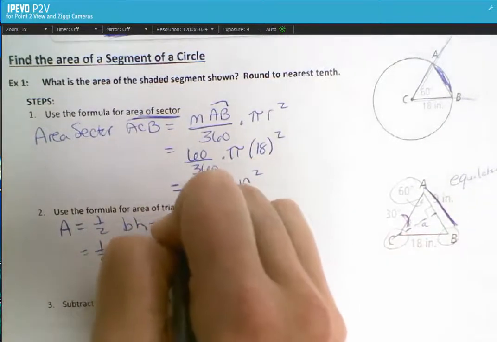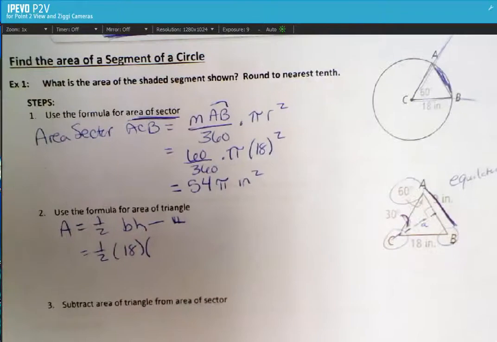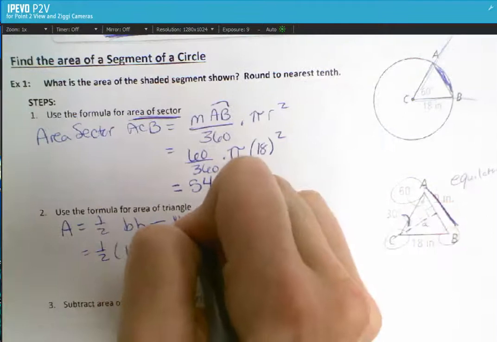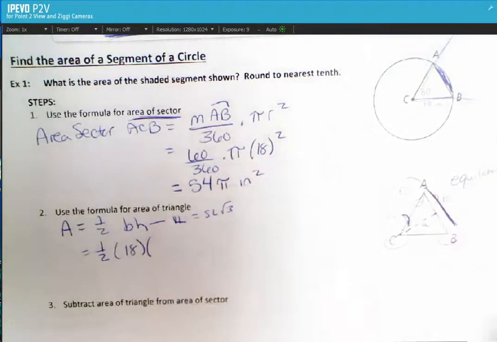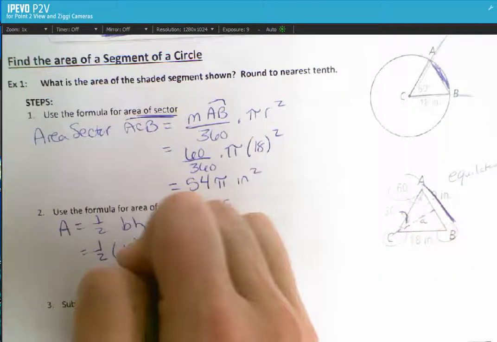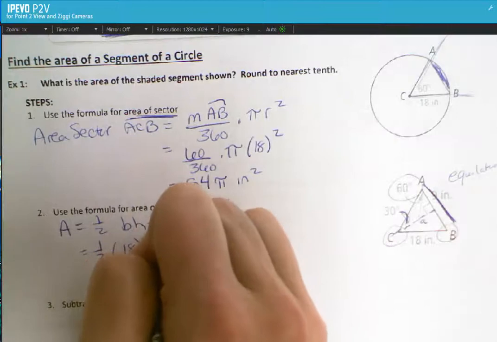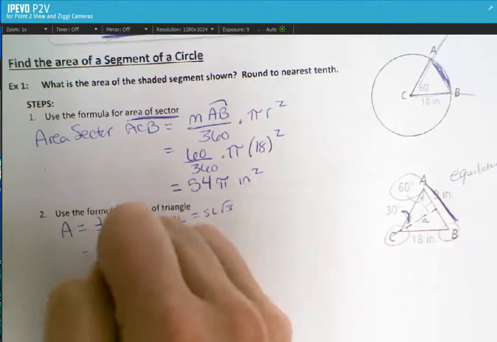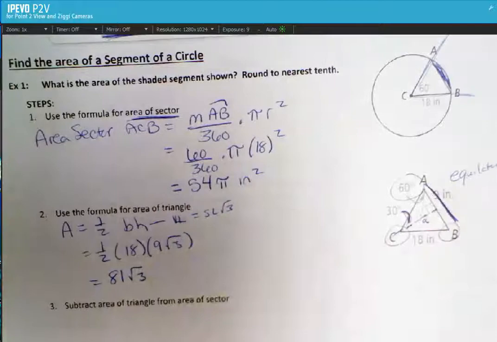Since the height is the long leg of the triangle, because it's opposite the 60 degrees, the long leg is equal to the short leg times rad 3. Short leg is 9, so the height is 9 rad 3. Using my calculator, I get 81 rad 3 inches squared.